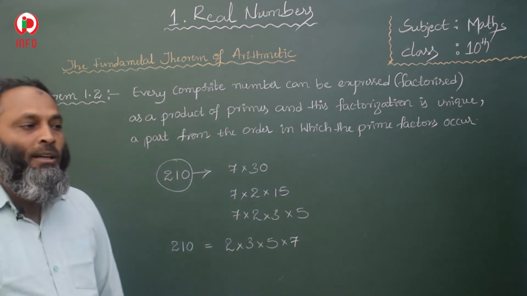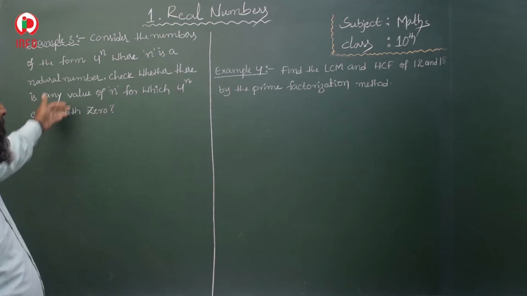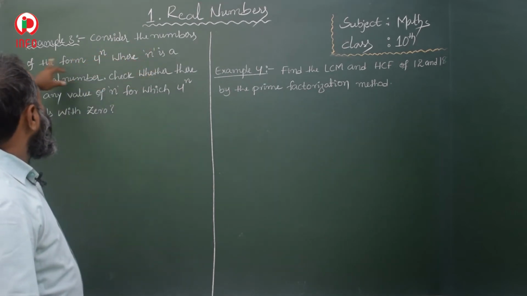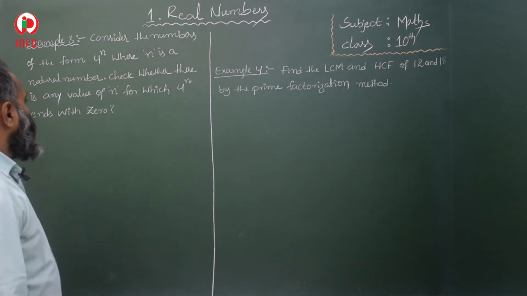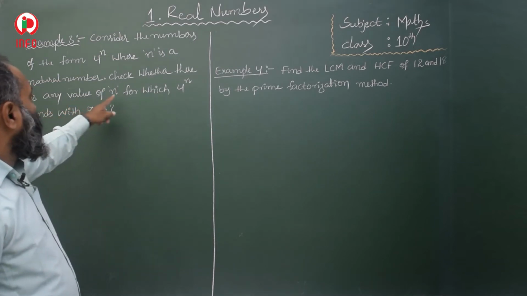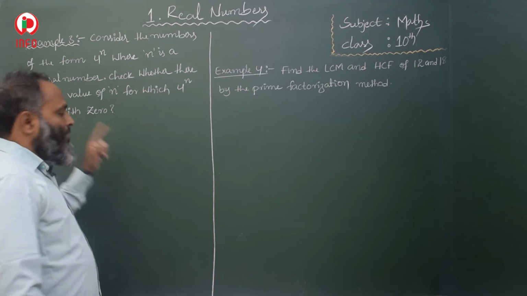Okay students, now in example 3, what is the question? See here: consider the numbers of the form 4 power n, where n is a natural number. Check whether there is any value of n for which 4 power n ends with 0.